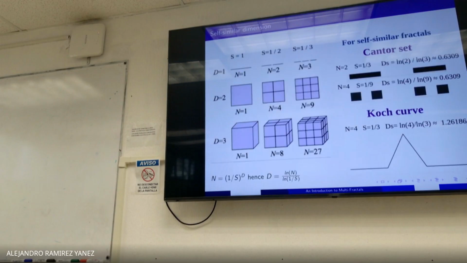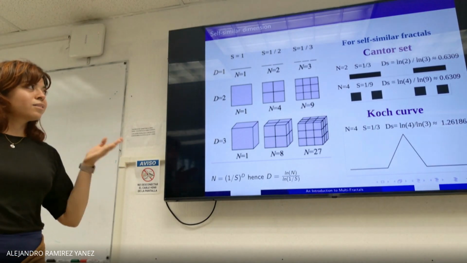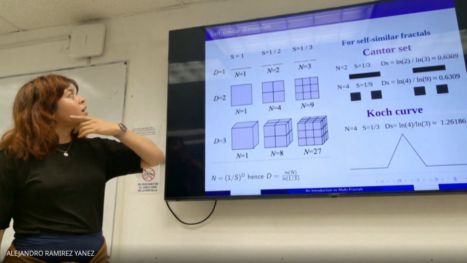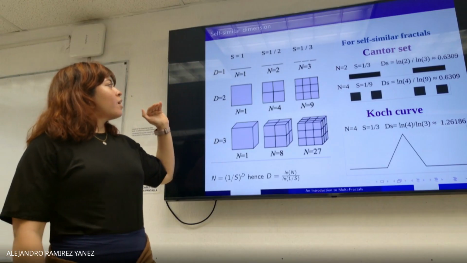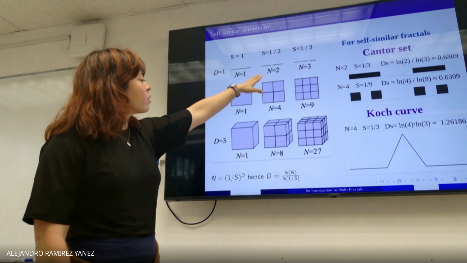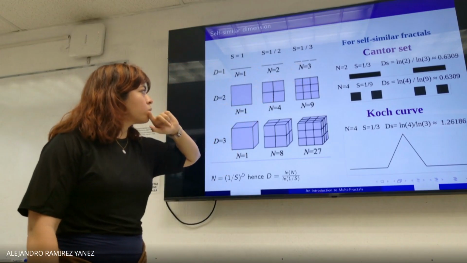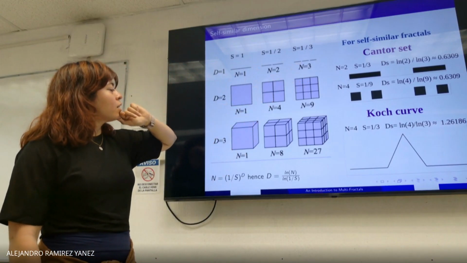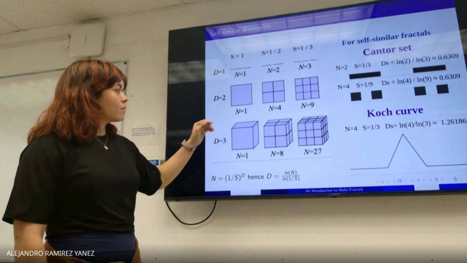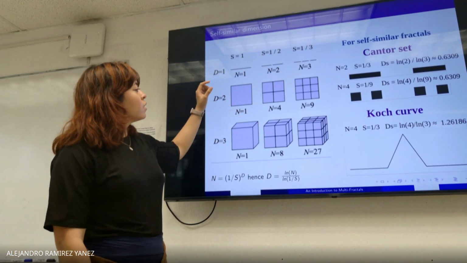Well, now what is the notion that we can have for continuous fractals? For example, you have a line, you divide it in 2, the number of lines you will have is 2, you divide a line in 3, the number of lines you will have is 3. And you do this also for squares, and in those cases you can see the pattern more clearly.